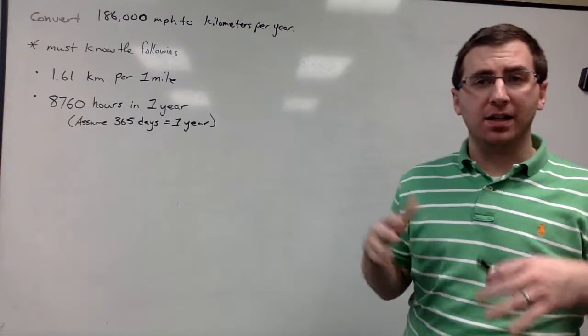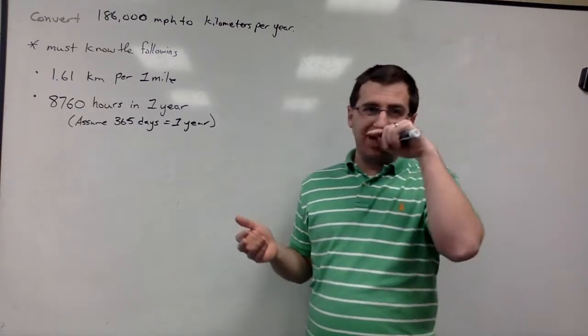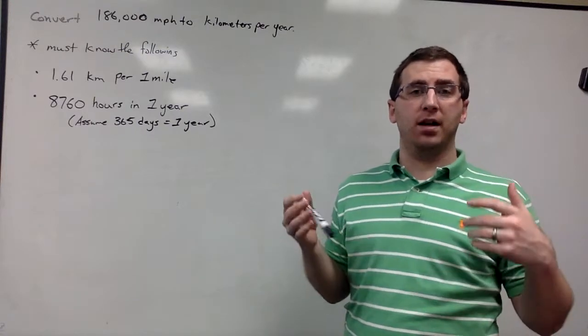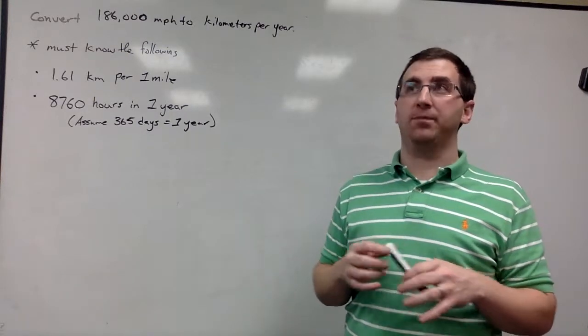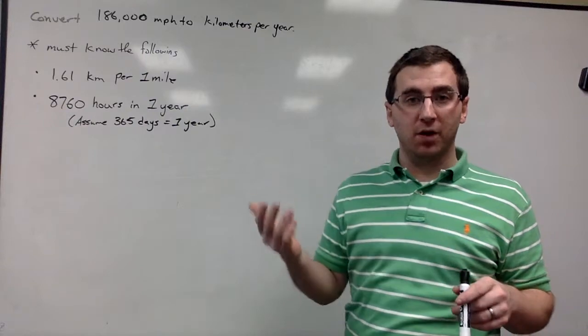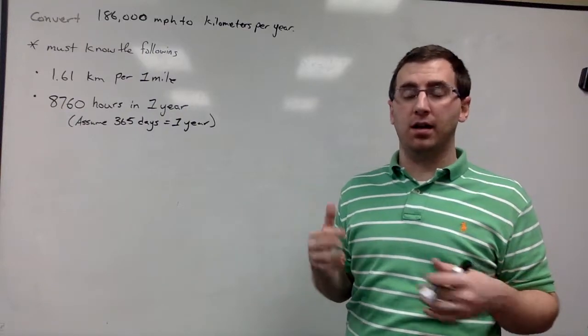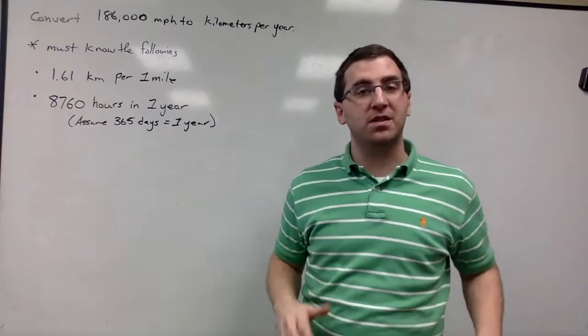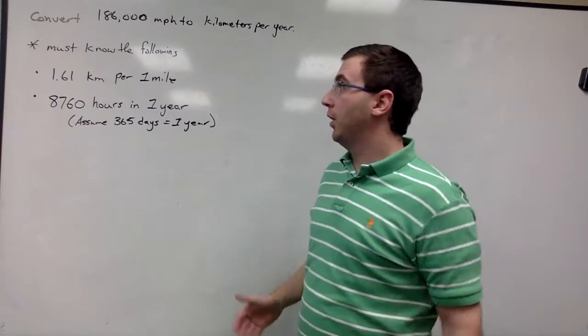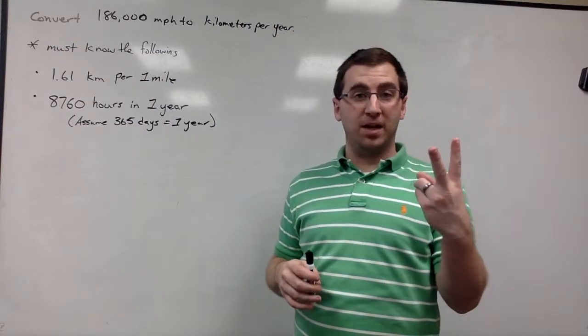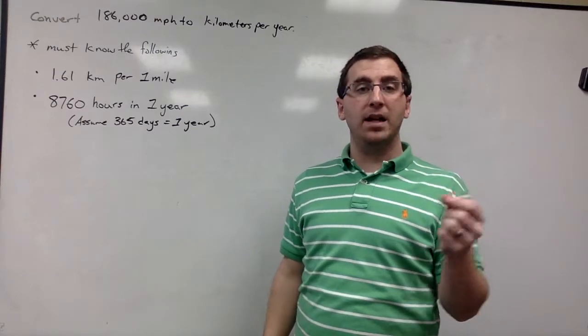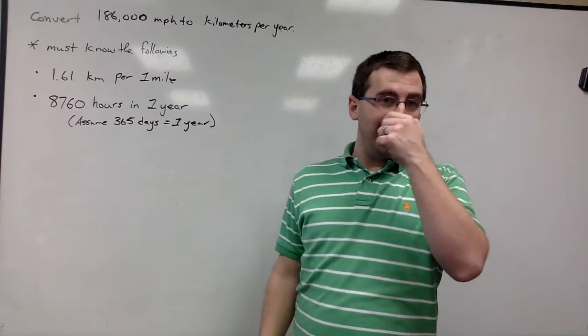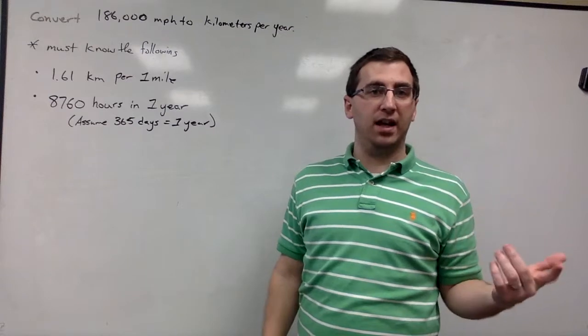So just like in the last problem that we did, we got to list some conversions that we should be familiar with. Now these conversions, like I said, they come off of the conversion factors tables that's in y'all's module. The two critical pieces of information that we need to know: how many kilometers are in a mile, as well as how many hours there are in 1 year.